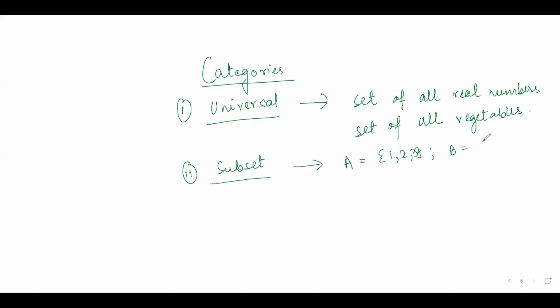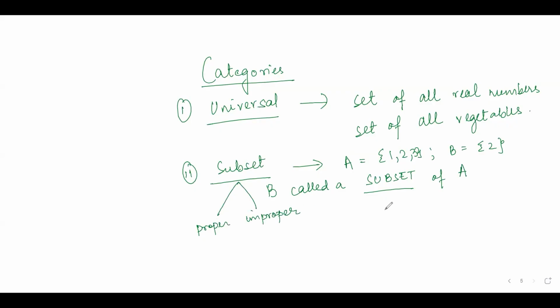B has, say, only the element 2. So B is called a subset of A. Okay. And in subset also there are two different categories. One is proper subset, the other is improper subset.